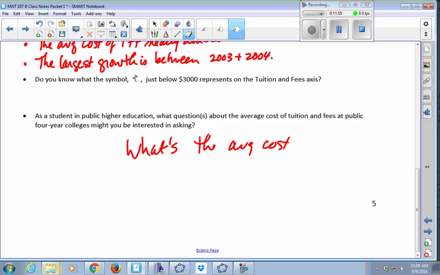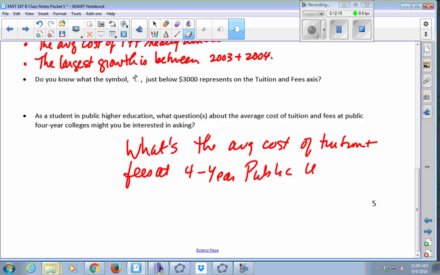So what's the average cost of tuition and fees at four-year public U.S. colleges in 2017? Right? That's a question you might ask.